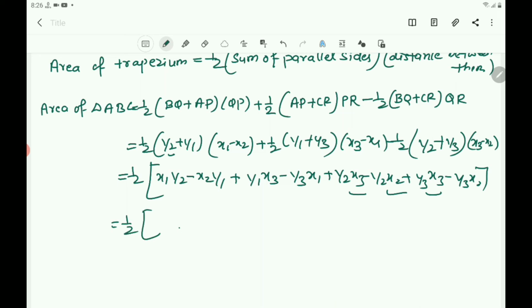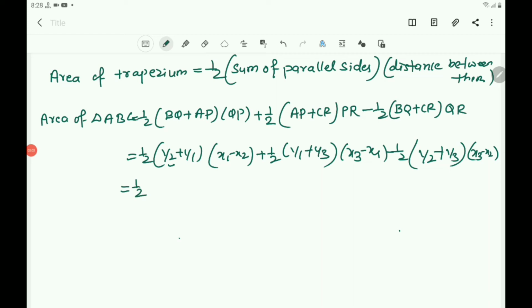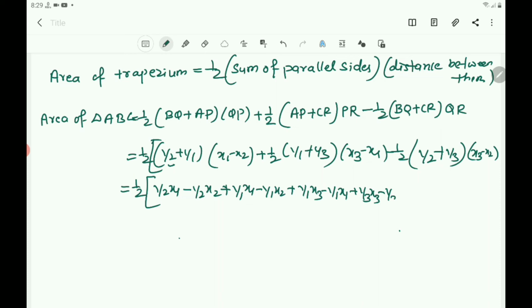Then that equals half into, writing the products here: y2 x1 minus y2 x2, plus y1 x1 minus y1 x2, plus y1 x3 minus y1 x1, plus y3 x3 minus y3 x1.